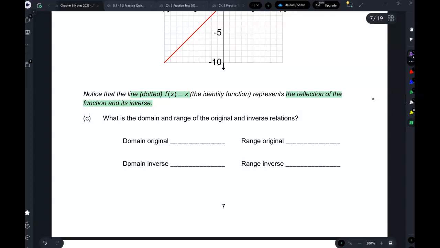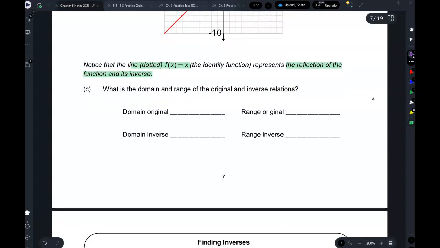Okay? So going back, what is the domain and the range of the original relation? We already touched on this. The domain is 0, 1, 6, right? And what is the range? 0, 3, and 6, right? From the original relation. So now, what is the domain and the range of the inverse?